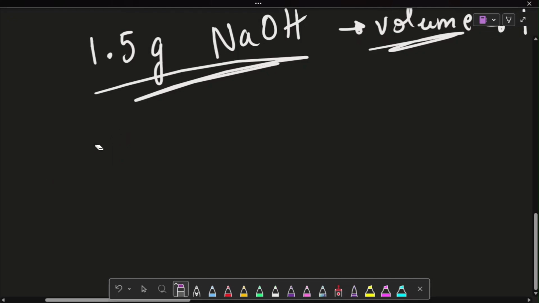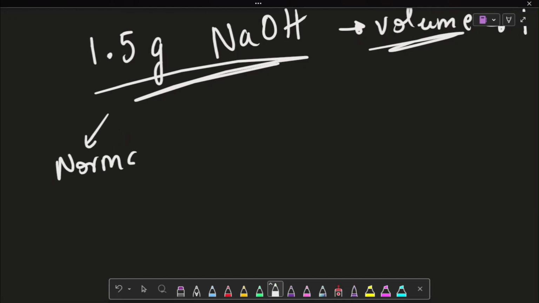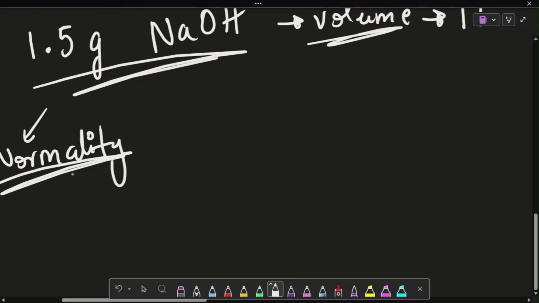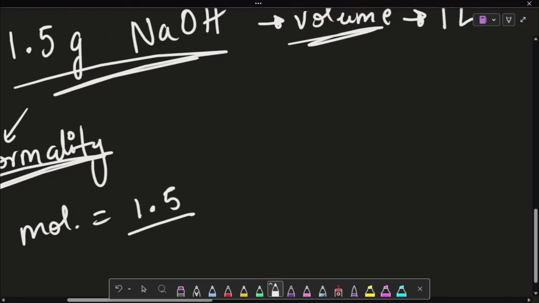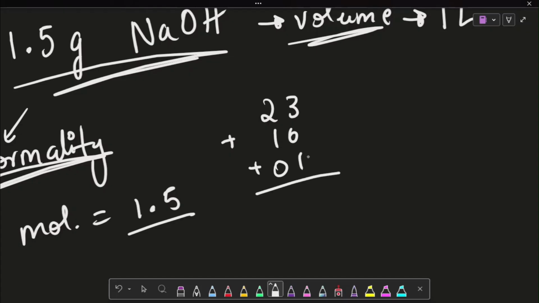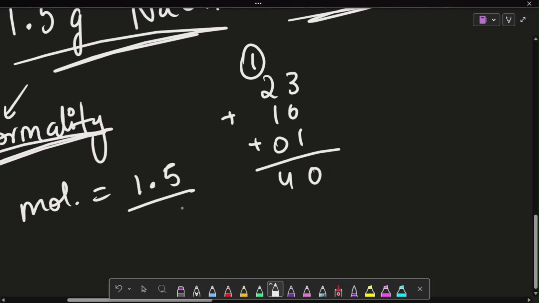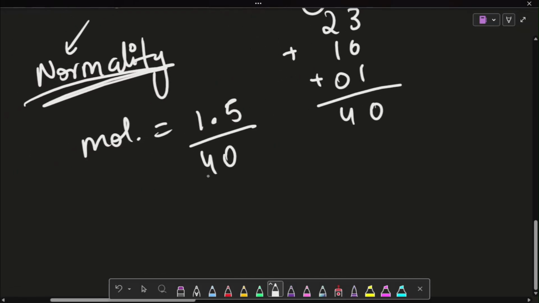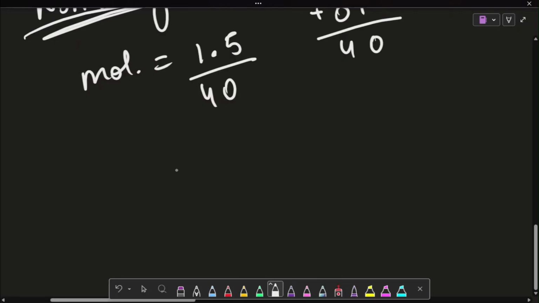To find the normality of the solution, we just have to find the number of moles of NaOH. That would be nothing but 1.5 divided by the molar mass of NaOH. That would be 23 plus 16 plus 1, so that's 40.